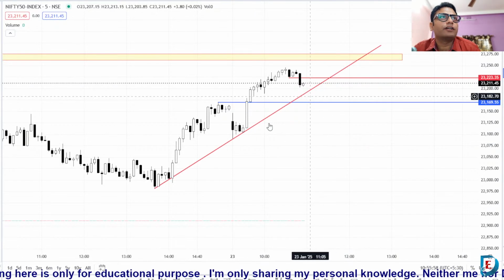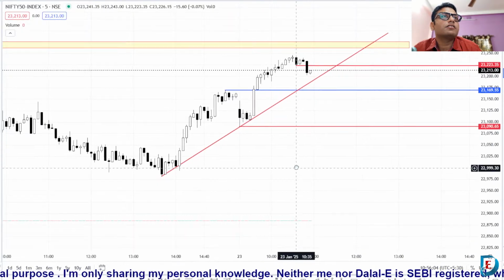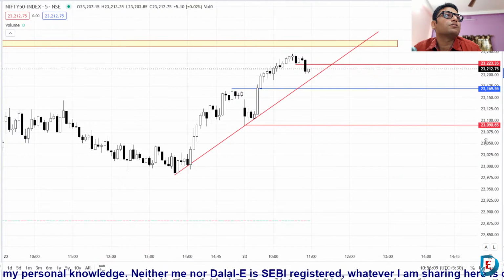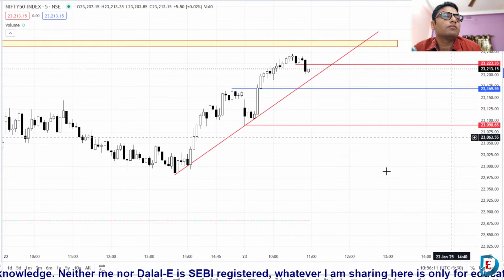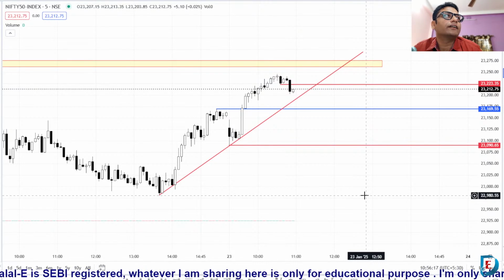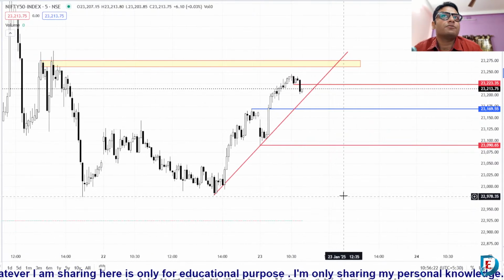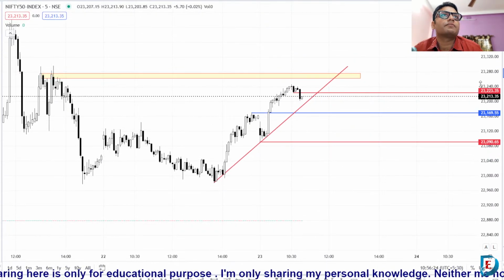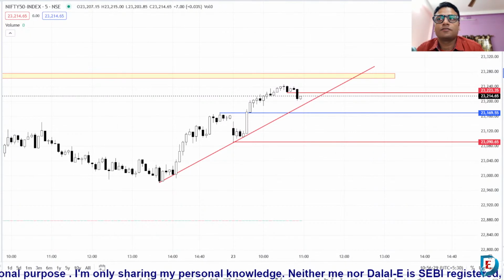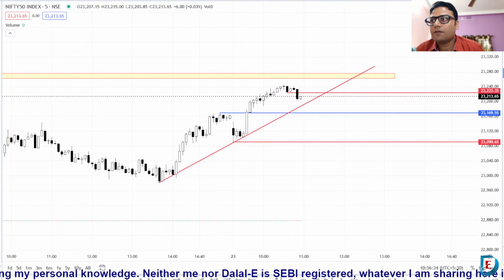Any kind of breakdown of this level, if price somehow breaks below 23,090, then we will witness a great fall, another bearish day. So don't be in a hurry, just wait and watch. Watch with patience.